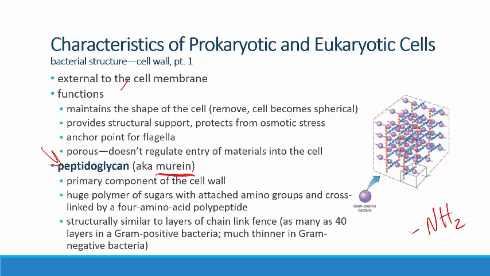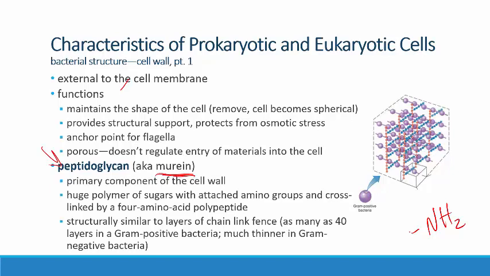And so you can think of the structure of the cell wall as almost like a bunch of layers of a chain link fence. So the chain link is built of the peptidoglycan and the amino groups, and the layers of chain link fencing are then held together by these 4 amino acid polypeptides.